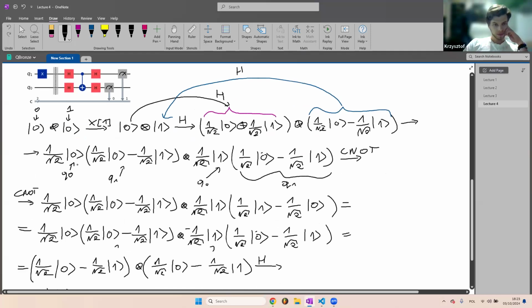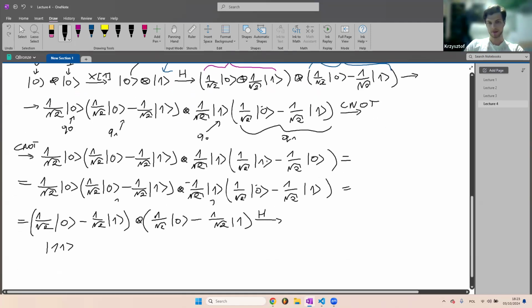The zero state does nothing to our first qubit, and the 1 state changes after the C naught changes the state to 1 and 0. I can write it here. So this is the X operator because of the 1 in front of the bracket.